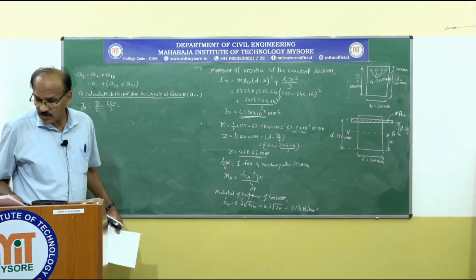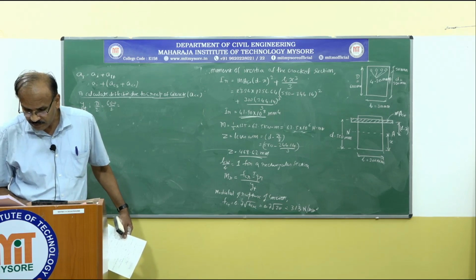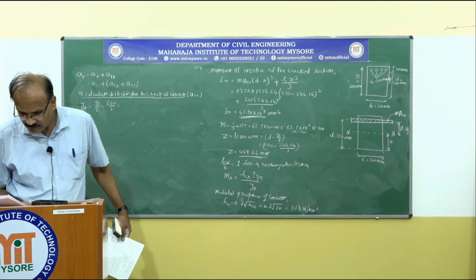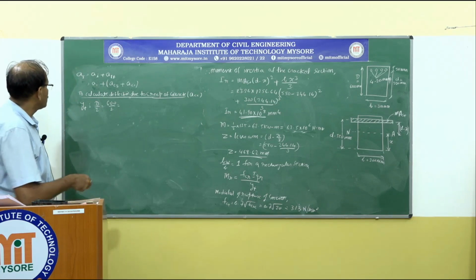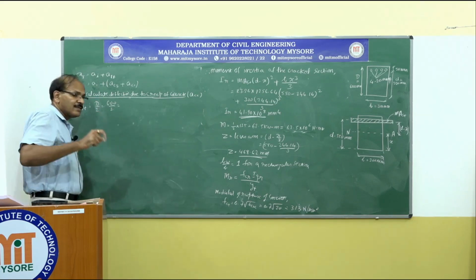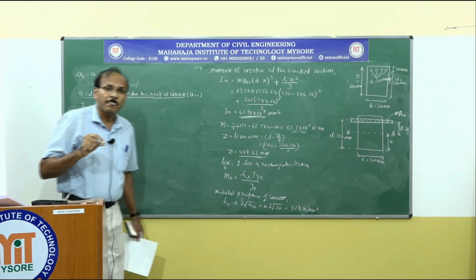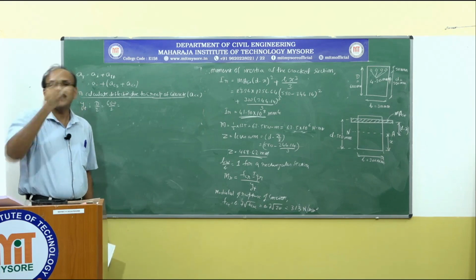So the code says YT is the distance of the extreme fiber from the neutral axis of the gross area.